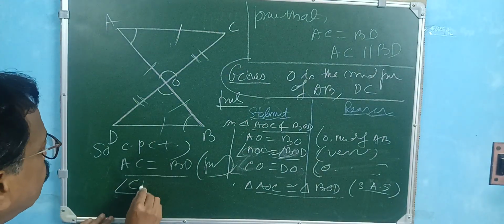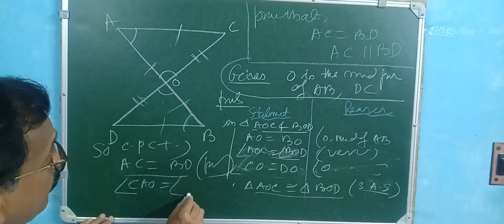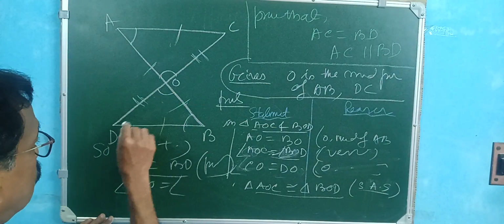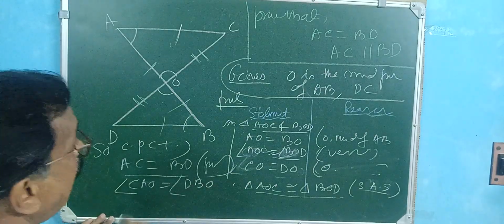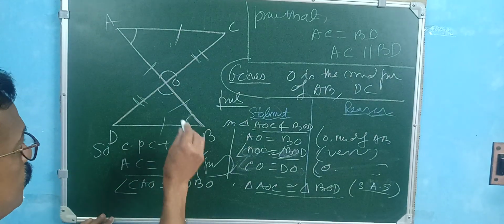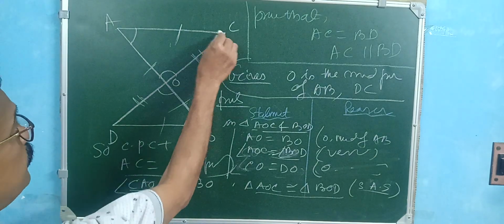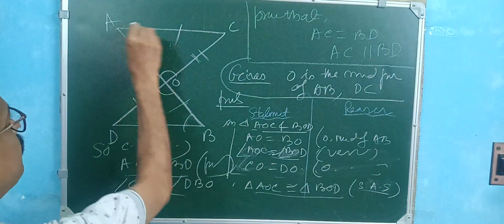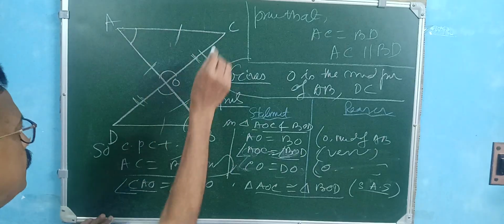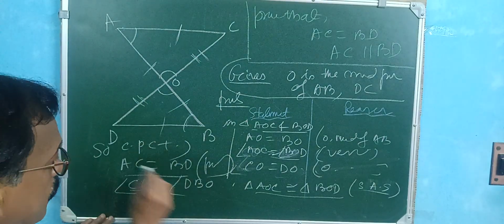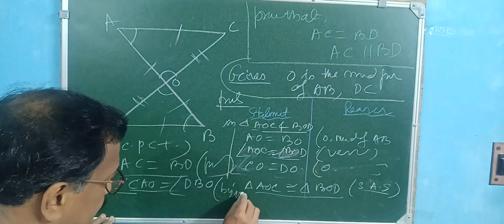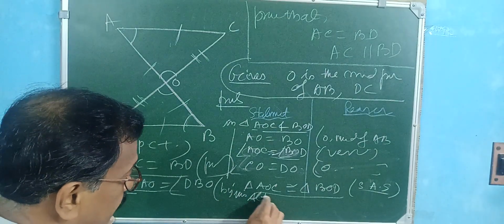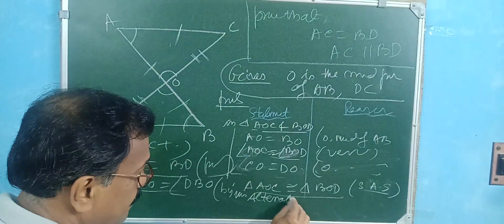So angle CAO is equal to angle DBO. For that, this is CAO, same as OAC, and here is also OBC. They are equal, and this is the alternate angle.